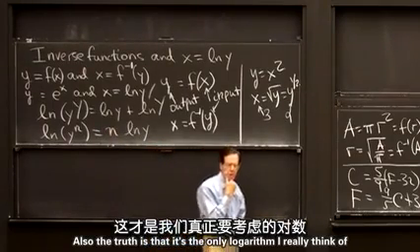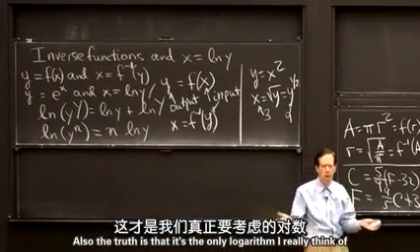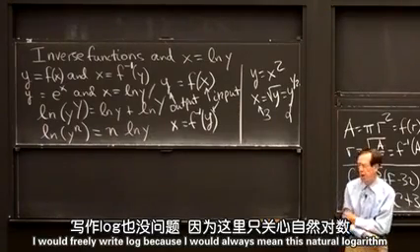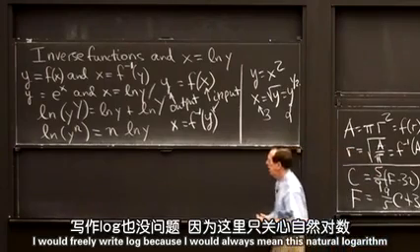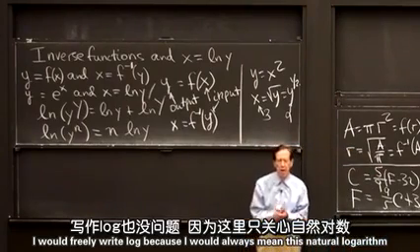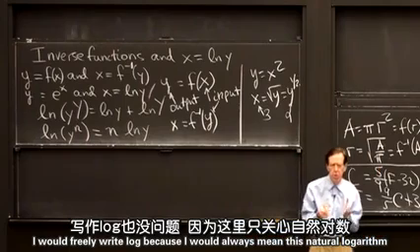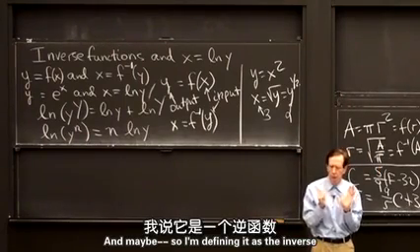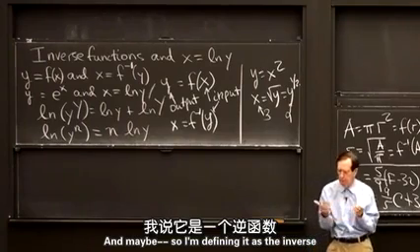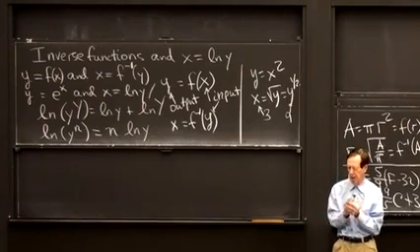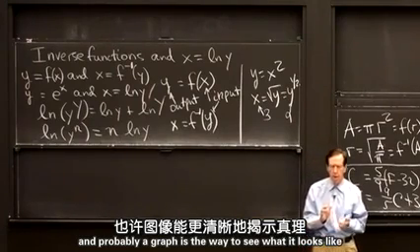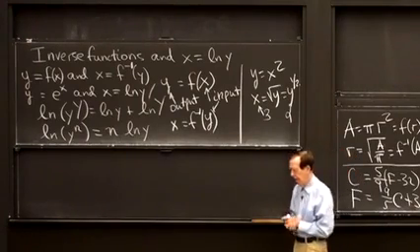Also, the truth is that it's the only logarithm I ever think of. I would freely write log because I would always mean this natural logarithm. So I'm defining it as the inverse, and probably a graph is the way to see what it looks like.